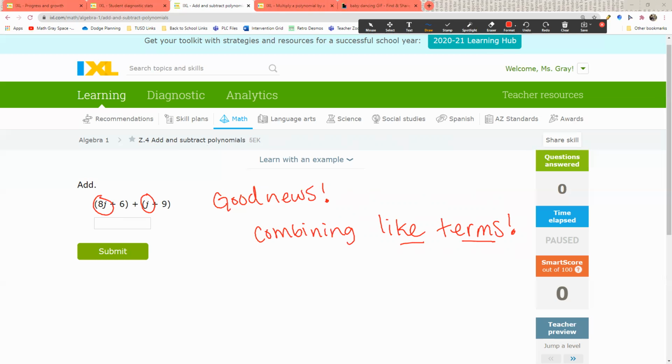And then I also have 6 and 9, which are just regular numbers. And so these represent like terms. So if I'm trying to figure out what this equals, really, I'm just saying 8j plus j. So 8j plus j is just 9j. And then if I have positive 6 here and positive 9 here, then that's 15, right? So plus 15. So it's really just combining like terms.